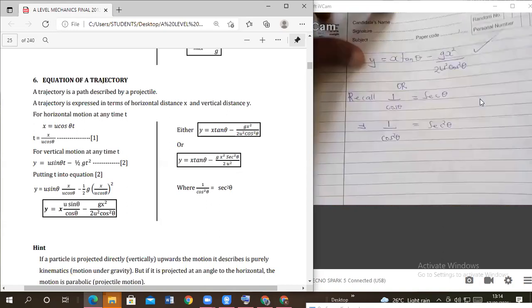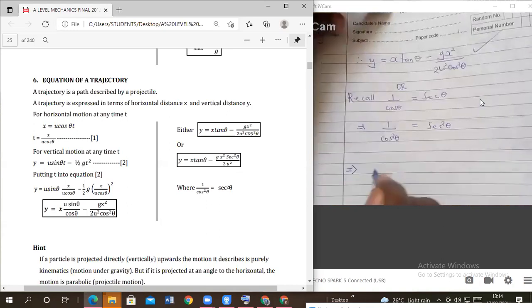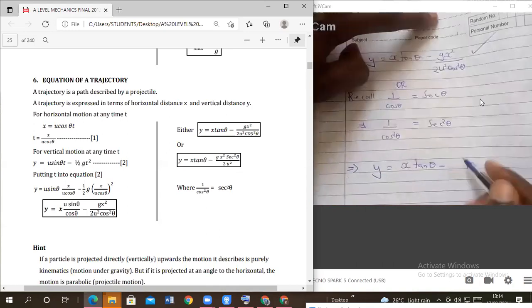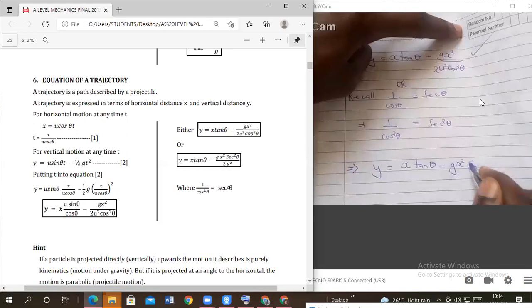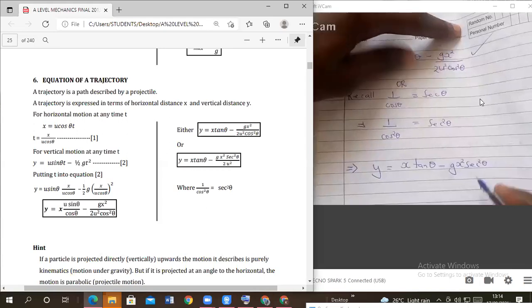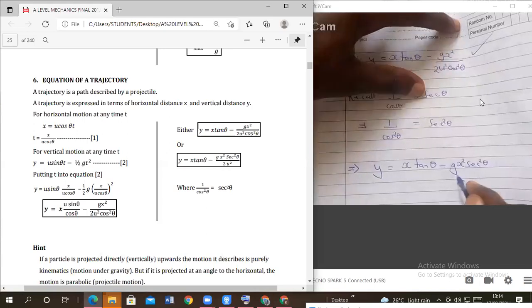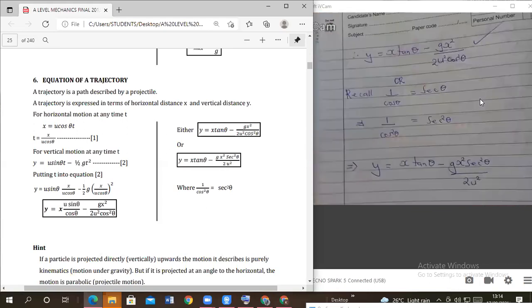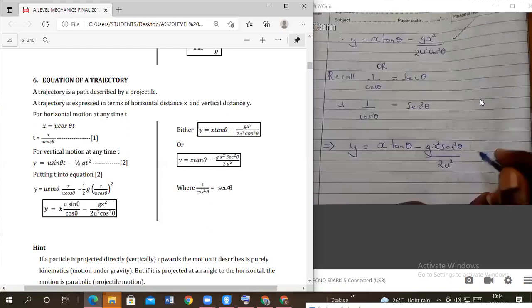So our equation now becomes y equals x tan theta minus g x squared sec squared theta over 2u squared. That's also another equation.